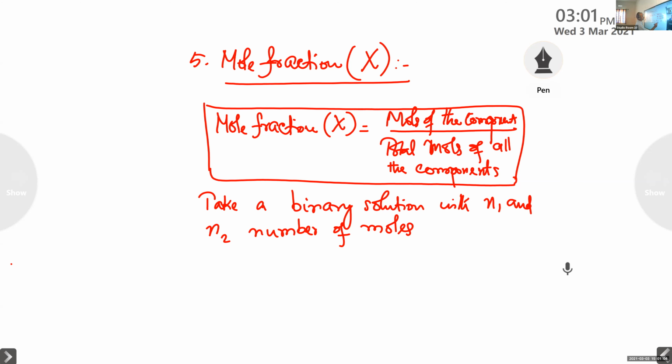Number of moles of component 1 is equal to n1. Number of moles of component 2 is equal to n2.